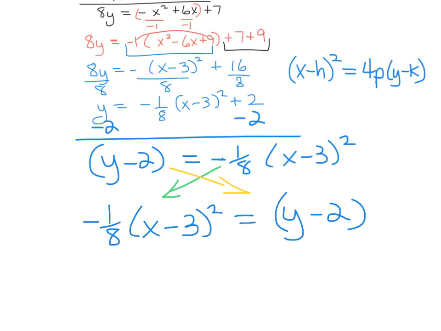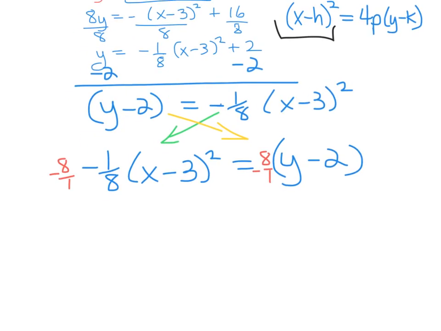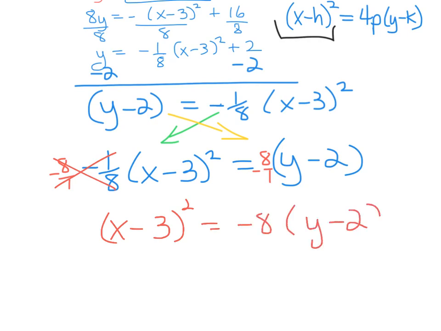I now need to only have this, so I need to get rid of the 1/8. So I'm going to multiply both sides by its reciprocal, or divide by 1/8. So now my standard form is x minus 3 squared is equal to -8 y minus 2.